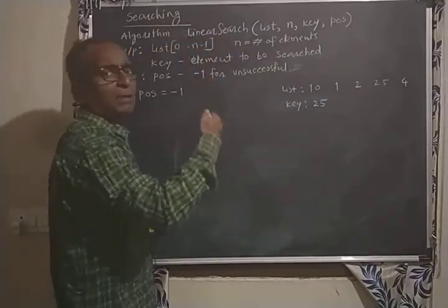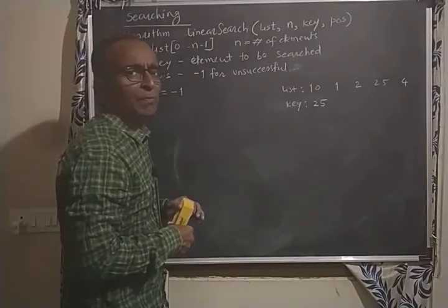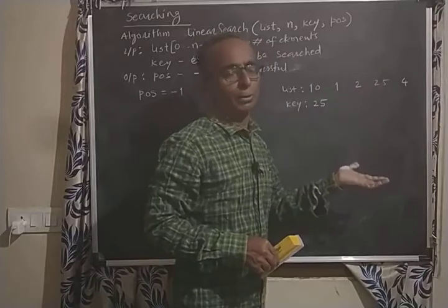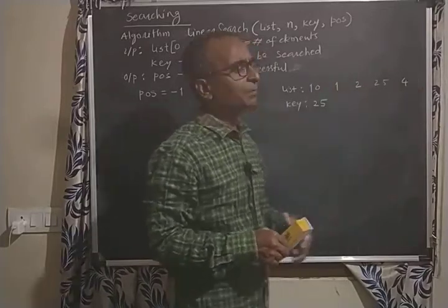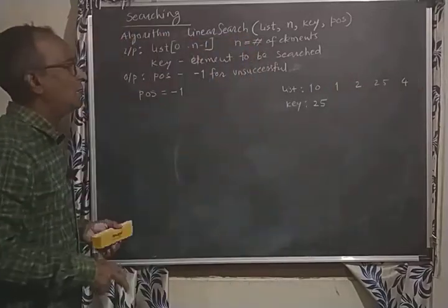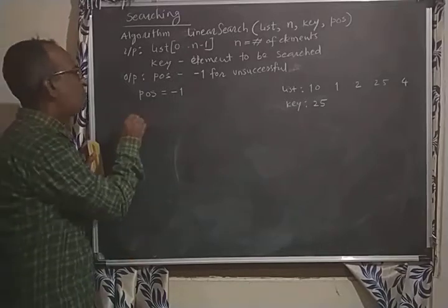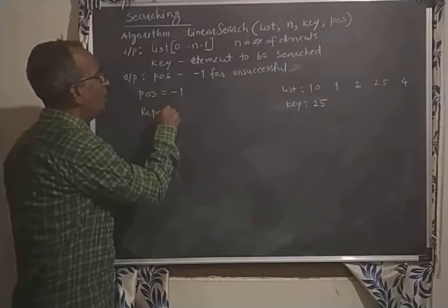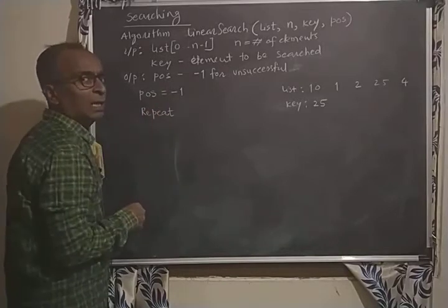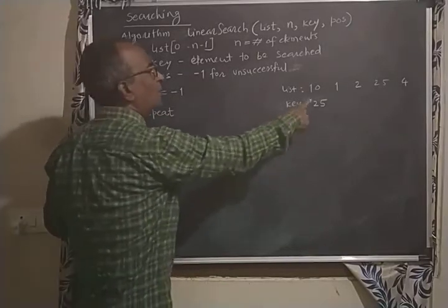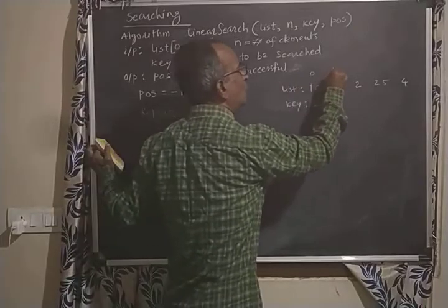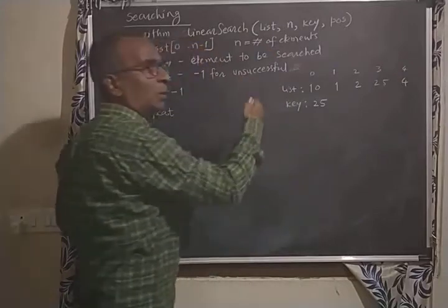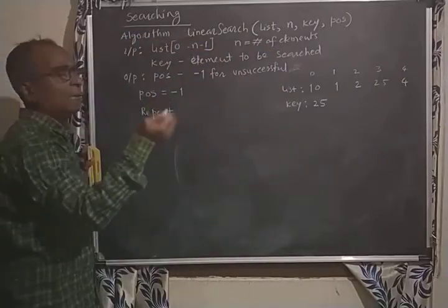We are repeating some process until we find the element or the search is unsuccessful, that is, the list is exhausted. So these two conditions will appear in this case. So I am repeating something, so I'll say repeat. Now I have to compare with these array elements, giving indices 0th, first, second element, like that.